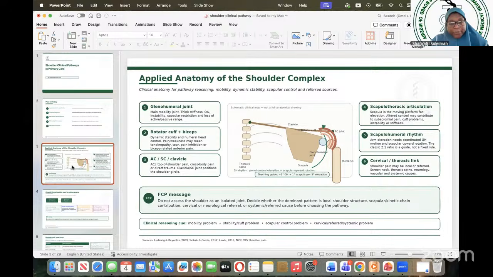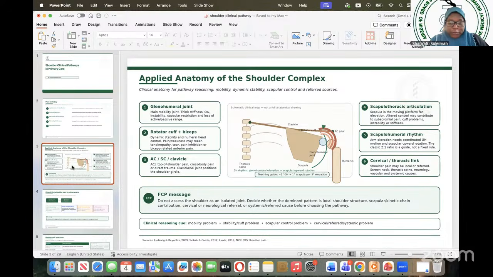And with the rotator cuff and the biceps tendon, which are the dynamic stability and the humeral head control, when we're thinking about pathology in this aspect, we're thinking about pain, we're thinking about weakness, which may be in the case of tendinopathy, it might come as a case of tear, it might be pain inhibition or biceps related anterior pain.